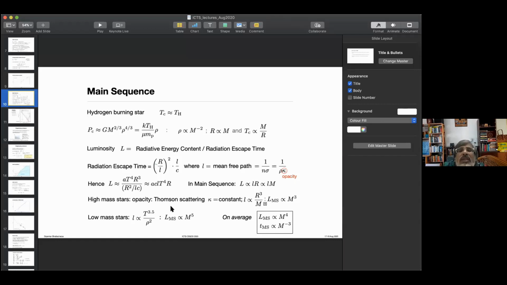So you have to first integrate over the population of the electrons the interaction probability. And then we do a second average of that probability over the energy distribution of the photons themselves, which is the Planckian energy distribution. And when you do both these averages, both of which have temperature in them, you end up with this expression of T to the power of 3.5 by rho squared.